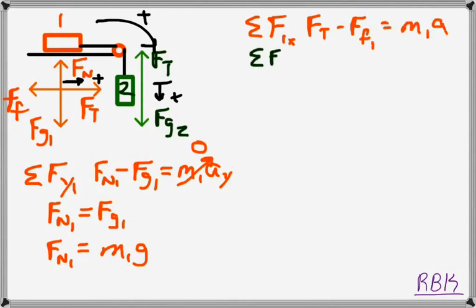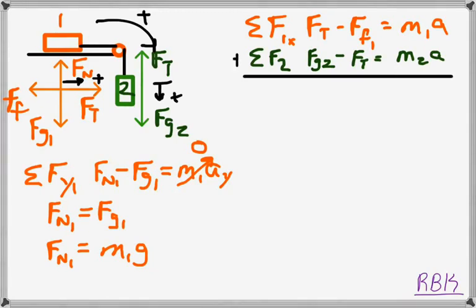The sum of the forces on the first object in the x direction is F t minus force friction equals m1 a. The sum of the forces on the second, with down positive, is F g2 minus F t equals m2 a. That's Newton's second law. Once again, I can add the two equations together and force tension cancels out.